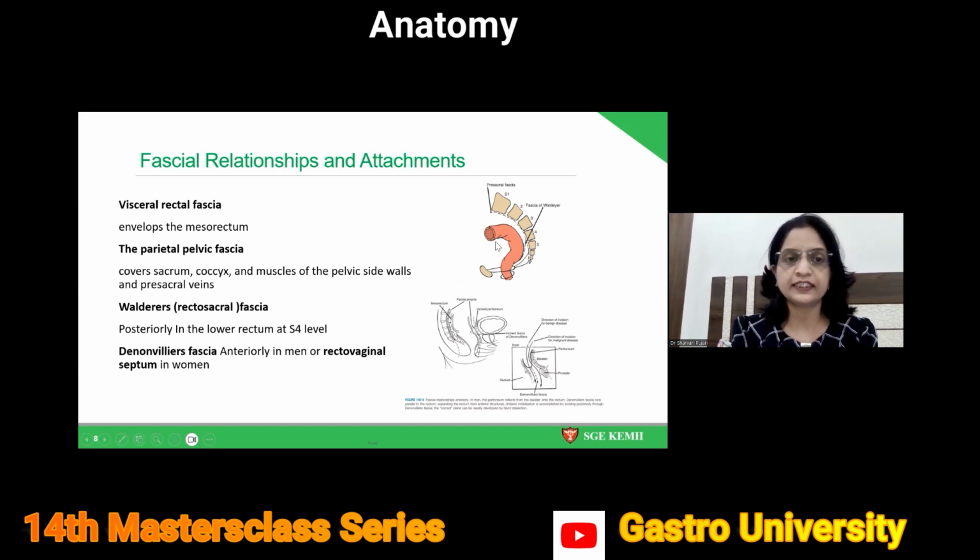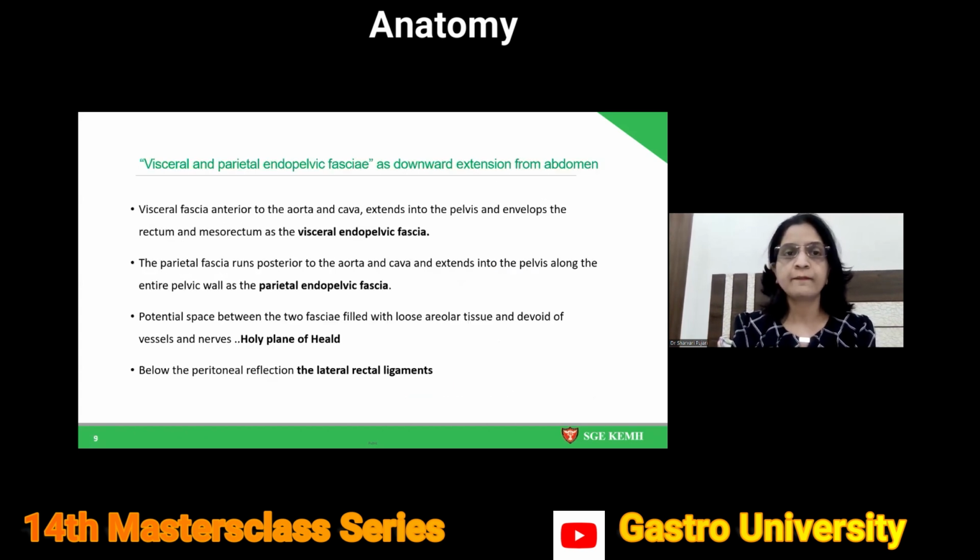low anterior resection surgery. Whereas anteriorly, this visceral fascia is reflected on the prostate as a Denonvilliers fascia in men, or as a rectovaginal fascia in females. These visceral and parietal endopelvic fascia can be considered as downward extensions from the abdomen.